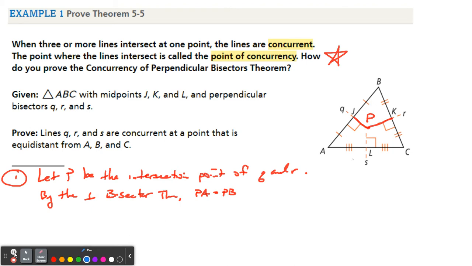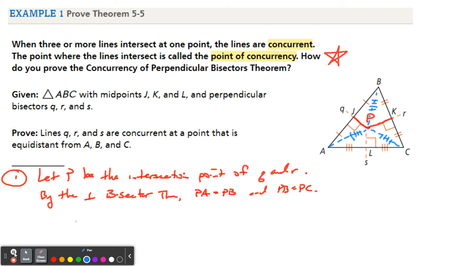Let's change colors, blue. So P to A is congruent to P to B. And P to B is equal to P to C. The idea is the fact that any point on a segment's perpendicular bisector is equidistant from the endpoints of that segment.